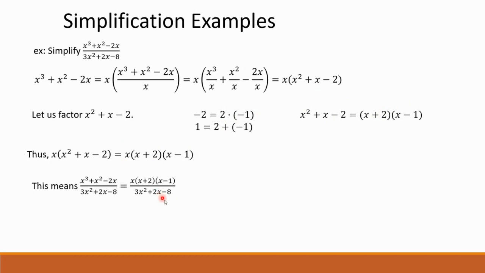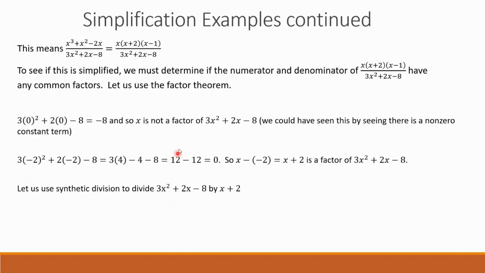Okay, now we could factor the denominator, but in a sense, we really don't have to, because we could just use the factor theorem. Notice that from the factor theorem, it's enough to check if 0 is a root of the denominator, if -2 is a root, and if 1 is a root.